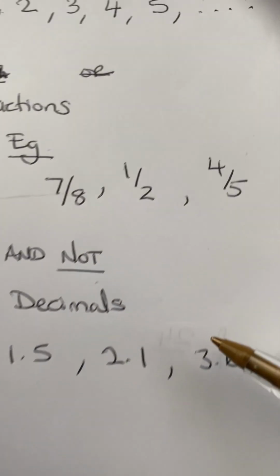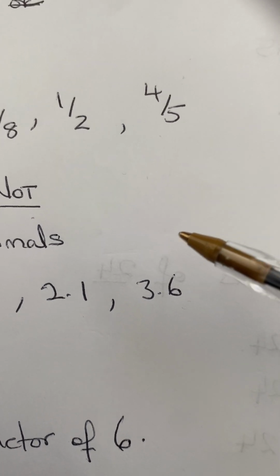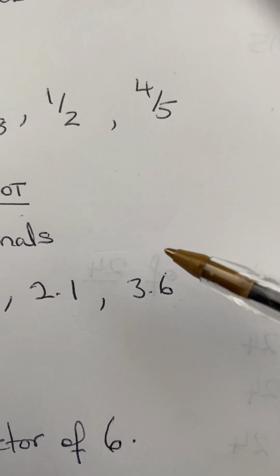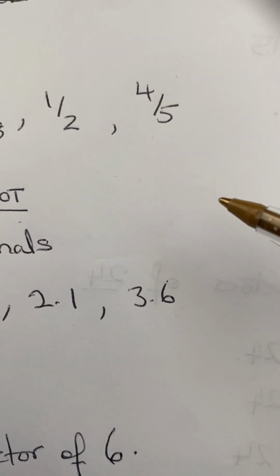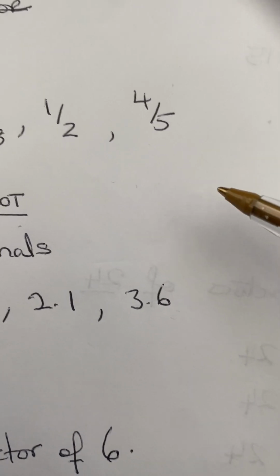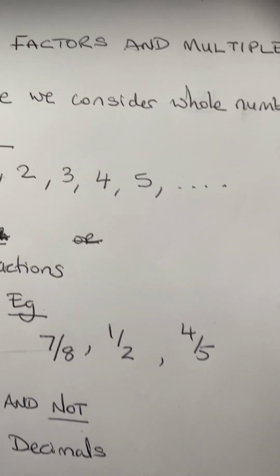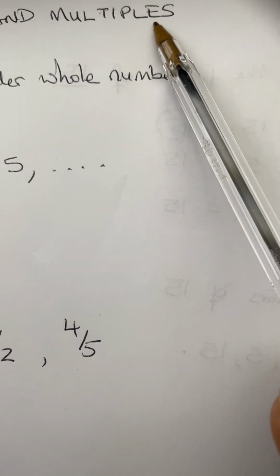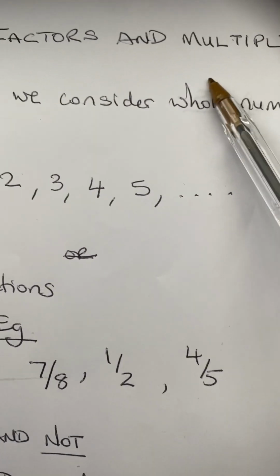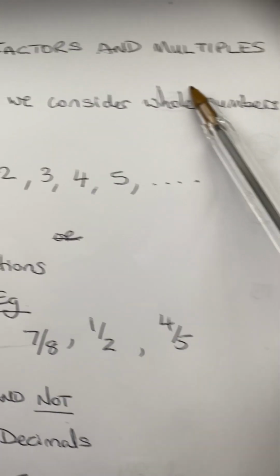We are only looking at whole numbers. So if you get a fraction or a decimal after multiplying or dividing, that cannot fall under the topic of factors and multiples. That is one of the things you should have at the back of your mind.